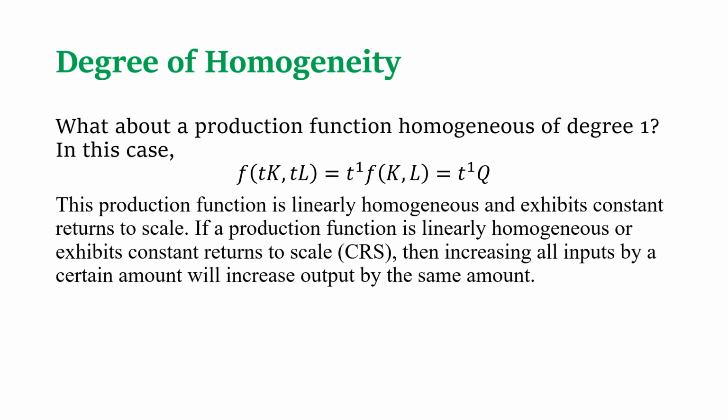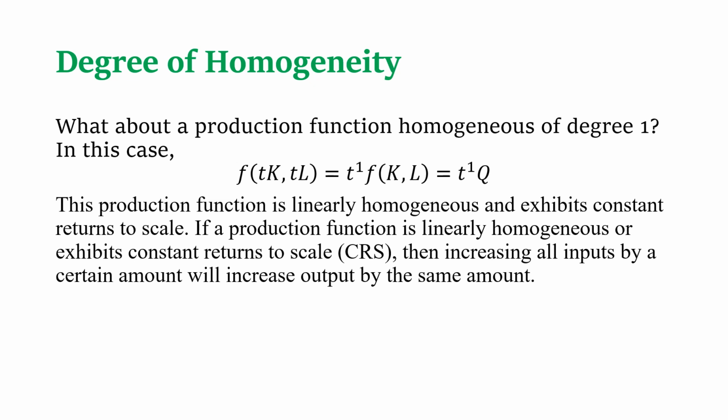So in this particular case, when a production function exhibits constant returns to scale, it does not matter whether we increase the plant size or decrease the plant size. Because if we increase inputs by a certain amount, then output is going to increase by that same amount.